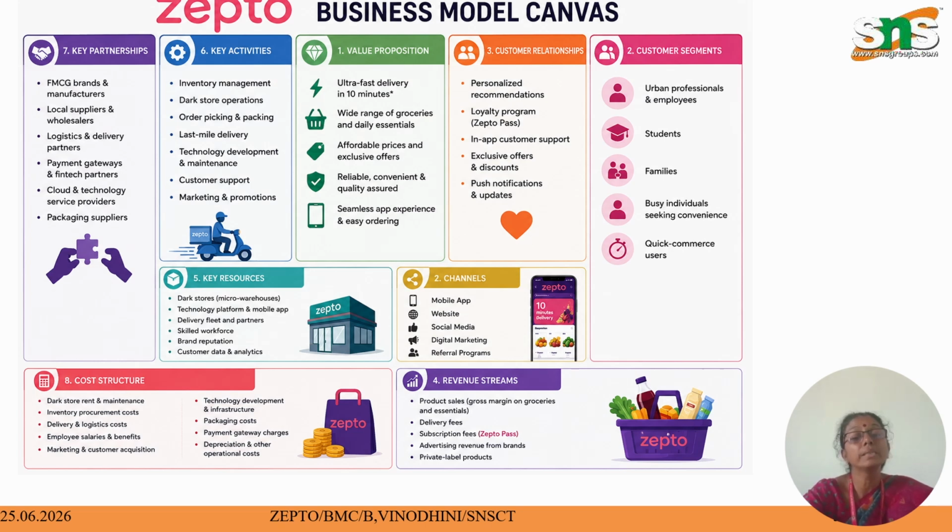After the key resources, the next important block is the key activities. The key activities are inventory management, dark store operations, last mile delivery, customer support, and marketing promotions. These are the actions they have to perform to achieve the value proposition. Next, the key partnerships are local suppliers, logistics and delivery partners, payment gateways, and packaging suppliers.